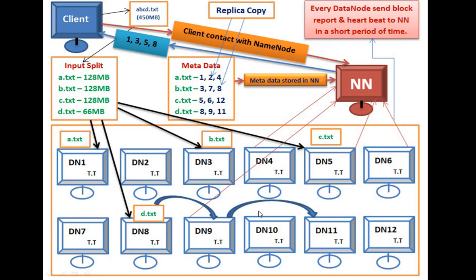So guys, the client stores its file into these data nodes. Now the NameNode has all the information about these data nodes, because every data node sends a block report and heartbeat to the NameNode in every short period of time.